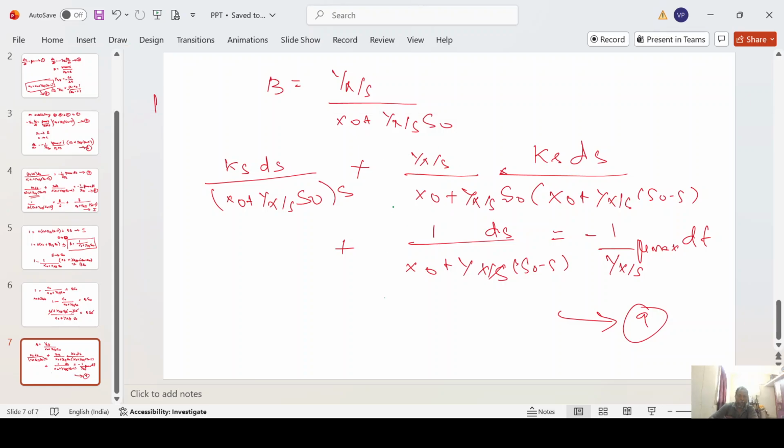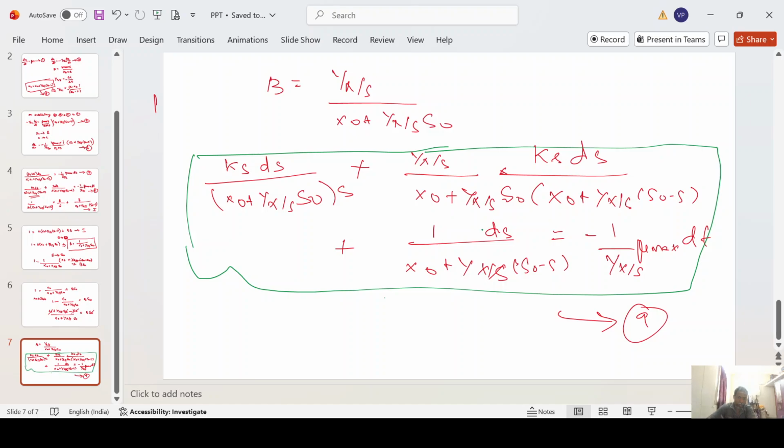How we can derive this: integrate this equation 9. This is the ninth equation. So we need to take the common term here and the constant term separately. So let us do it again.